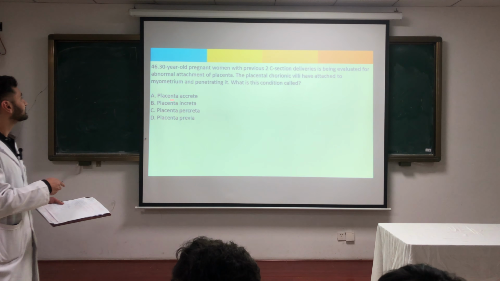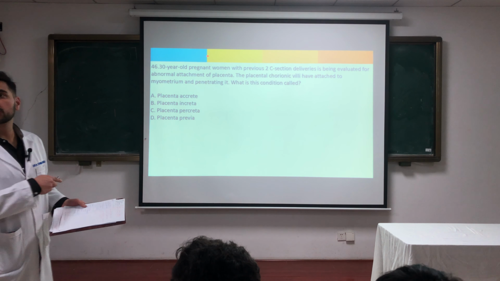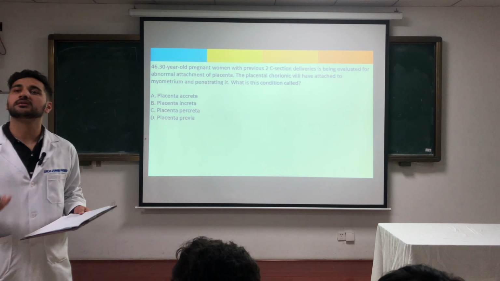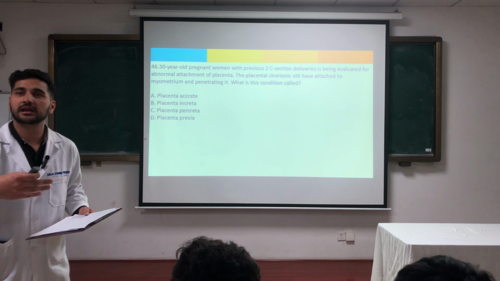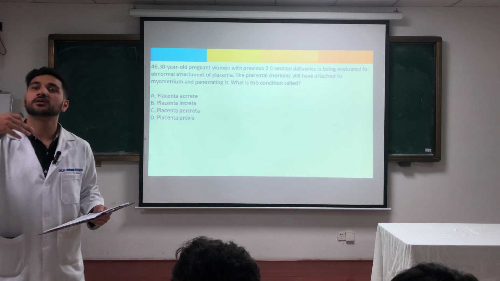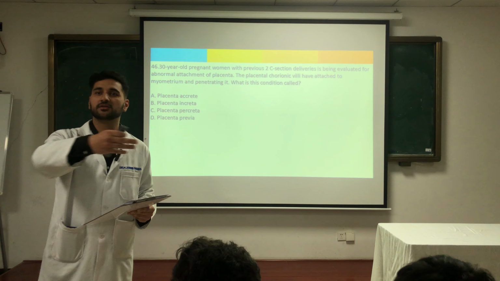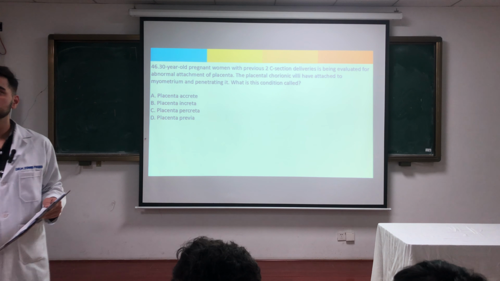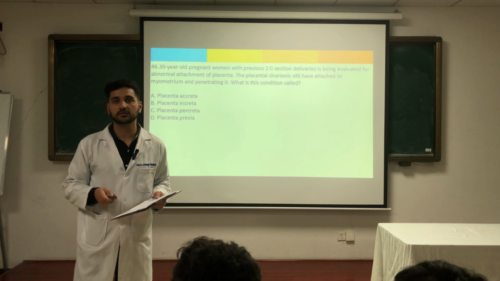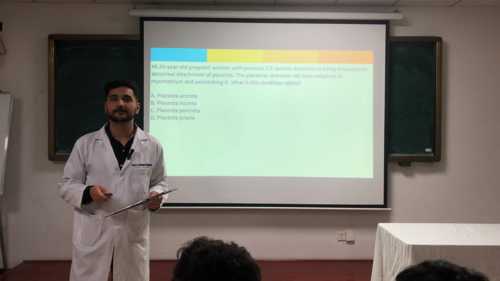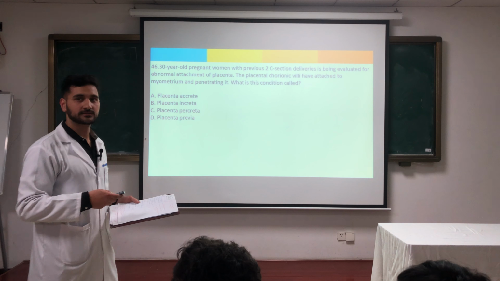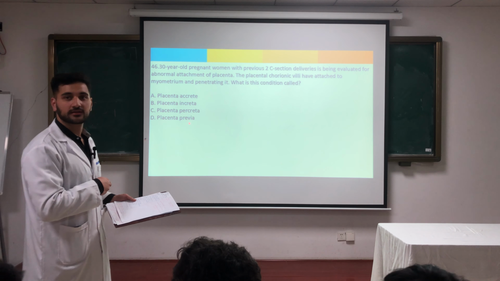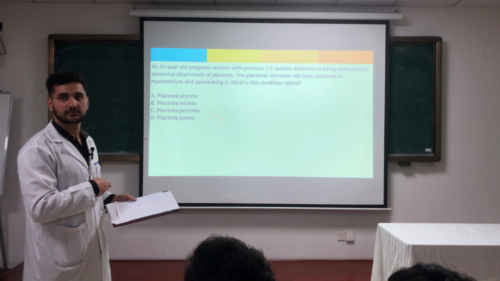Like we have placenta accreta. How far is it going: the uterine lining, the myometrium, or beyond the myometrium, like the bladder? Please explain like this. Accreta is not that severe, a mild one. Then increta and then percreta. Percreta goes deeper and further inside. Okay.